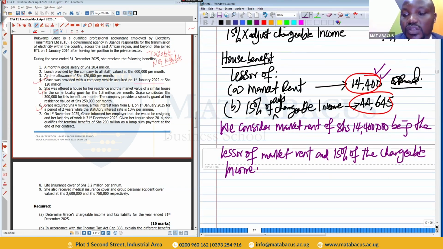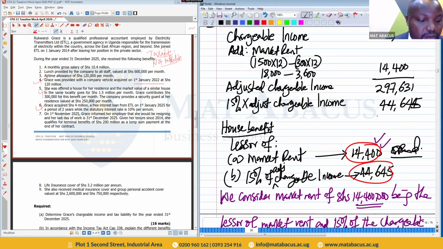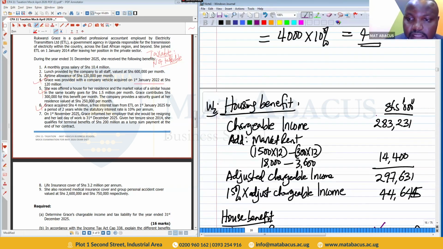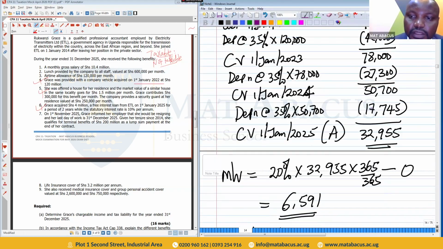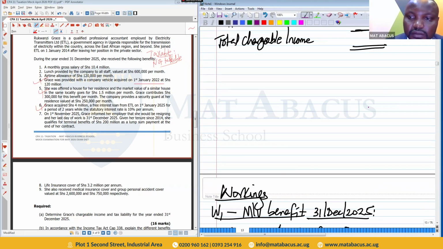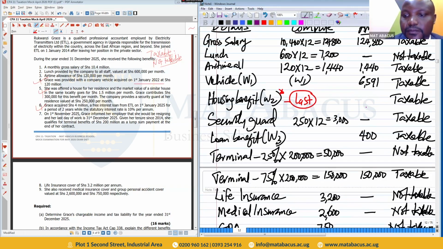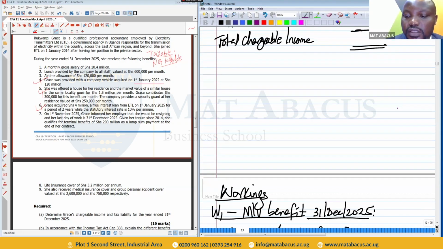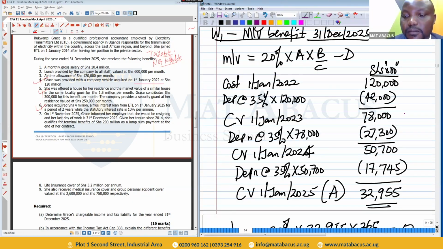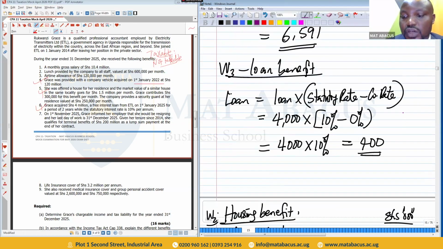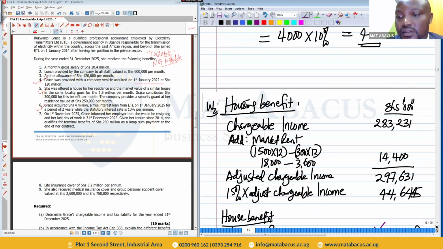So it means that we want to consider this as our benefit, 14,400. So move up and we put our 14,400. Our 14,400. So when you add 14,400, actually the answer is already given here, because you have this plus this, which is now this one, which is 297,631.